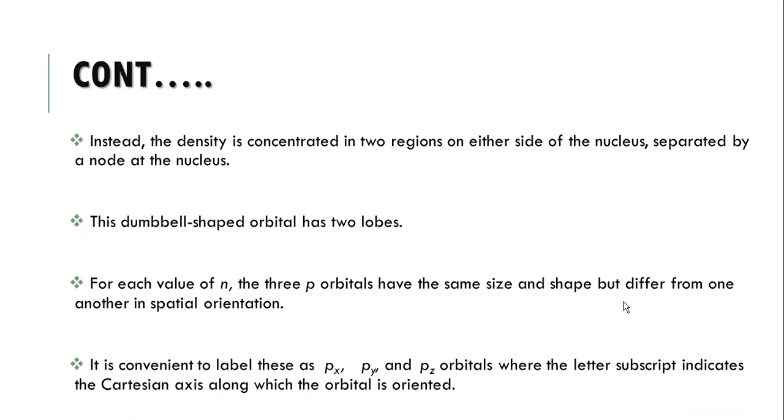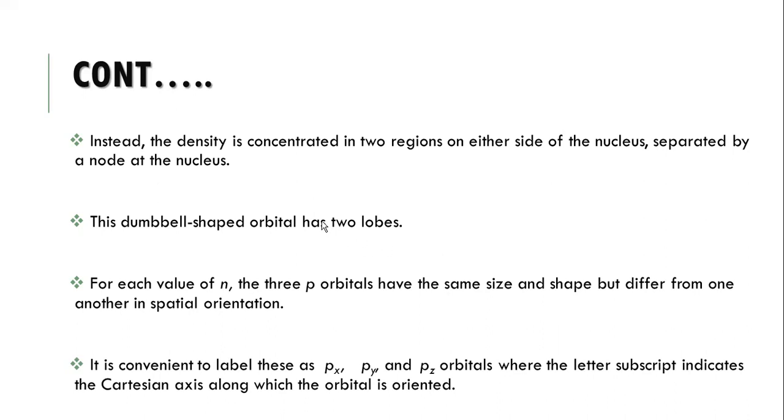Actually, I already said about these things, right? It is not concentrated like the spherical shape; it has two regions on either side of the nucleus, separated by the node at the nucleus.